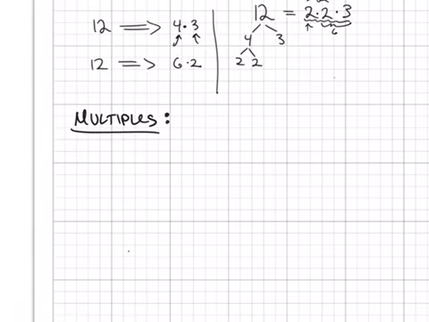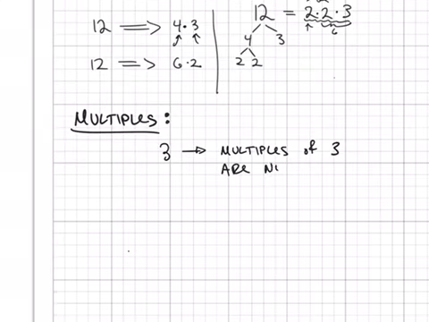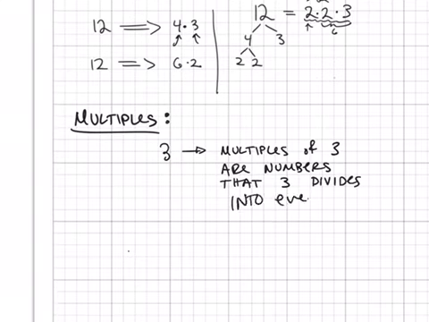So if I take the number 3, okay, then I'm going to say that multiples of 3 are numbers that 3 divides into evenly. Okay, that means no remainder.